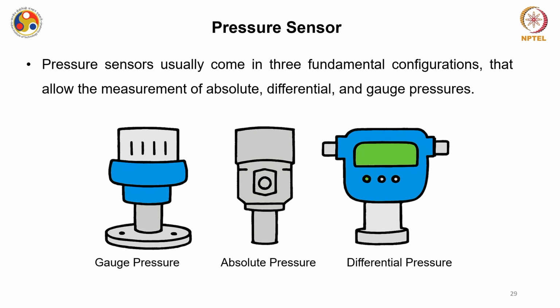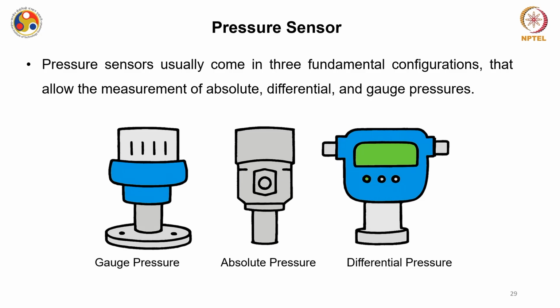Okay. Now, if I have to classify pressure sensors based on what kind of pressure they are detecting, they usually can be classified under three different heads, that is gauge pressure, absolute pressure and differential pressure, and exactly in the same form or in the same configuration they come into the market.